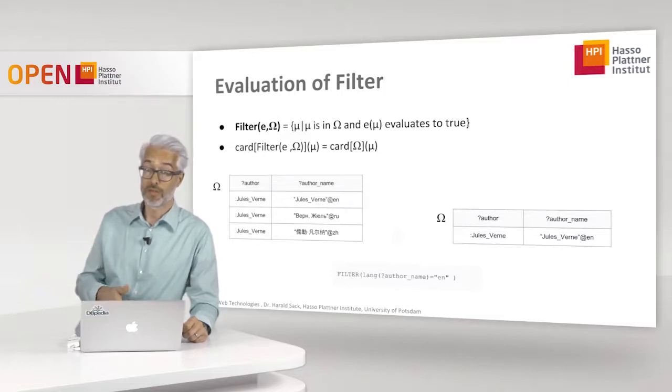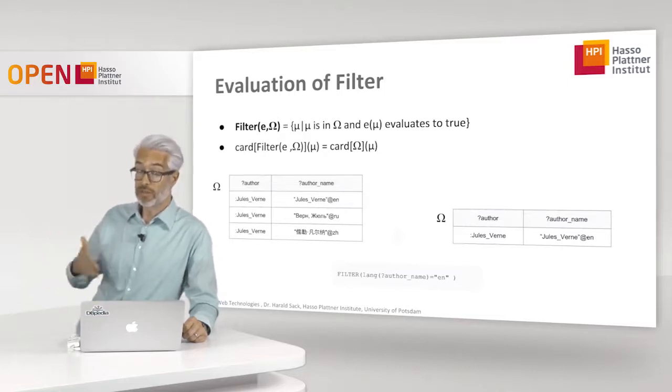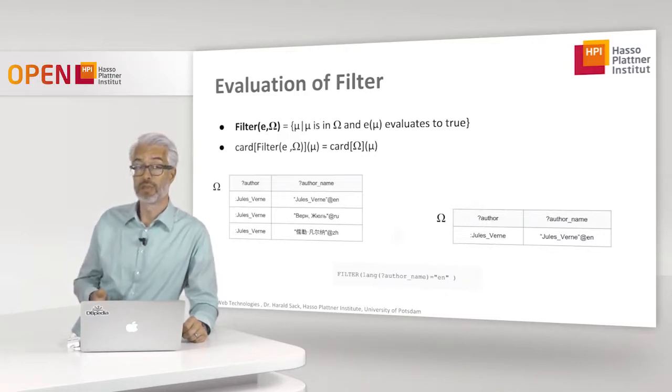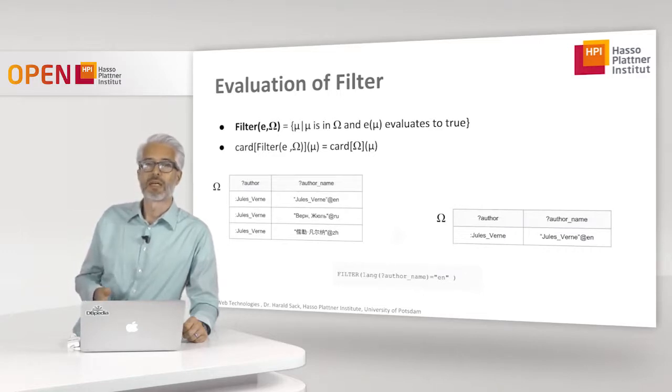We all know that if I filter a result according to a given constraint, only triples which fulfill the constraint will be in the result set. This is quite clear. And usually the cardinality of a single variable mapping stays the same.